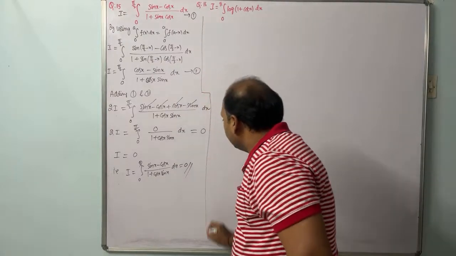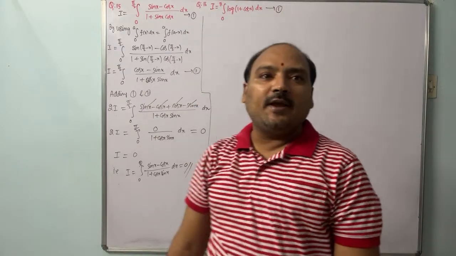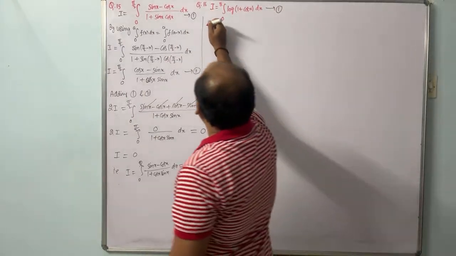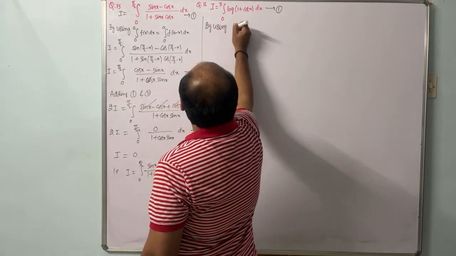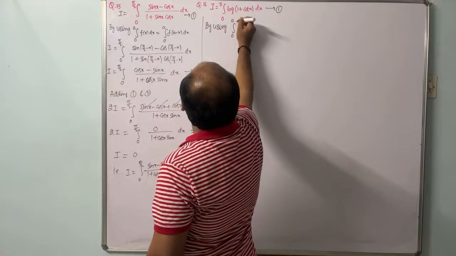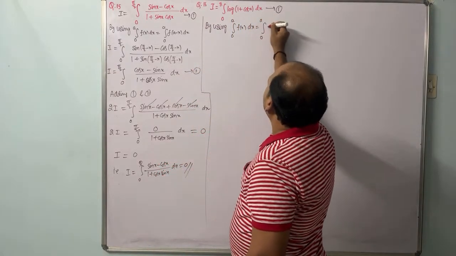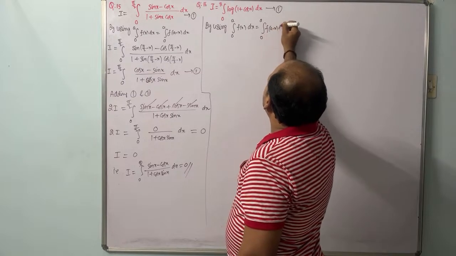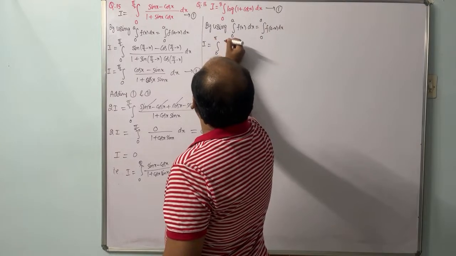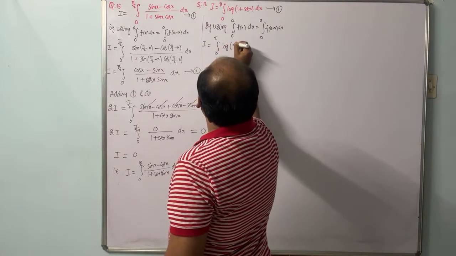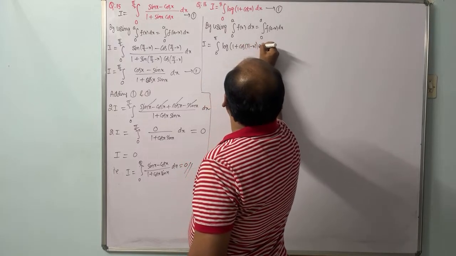Next question. This is little important, and keep it as equation number 1. Let I equal to the integral. By using the property, integration 0 to a of f of x dx is equal to integral 0 to a of f of (a minus x) dx, I will become integral 0 to pi of log of (1 plus cos of (pi minus x)) dx.